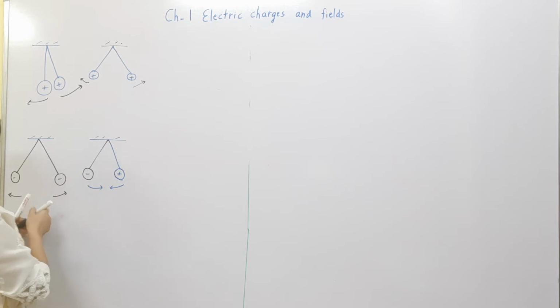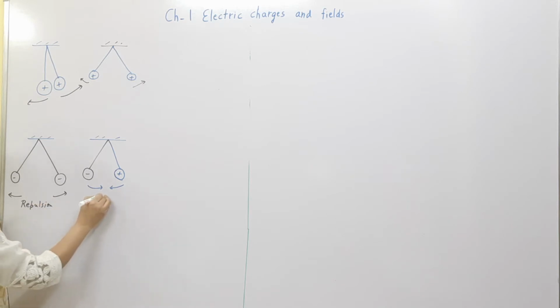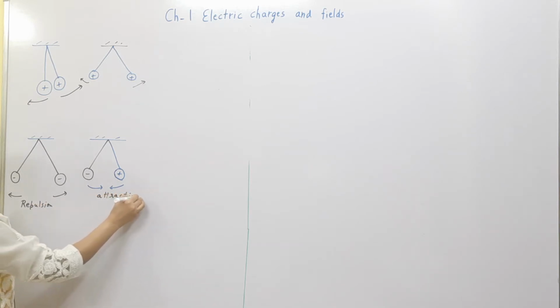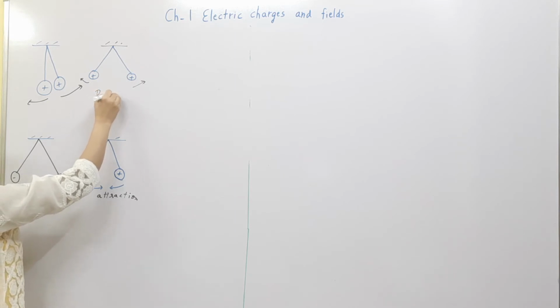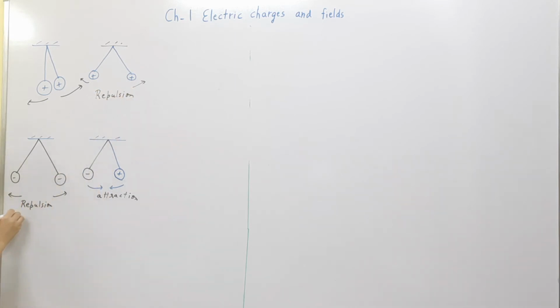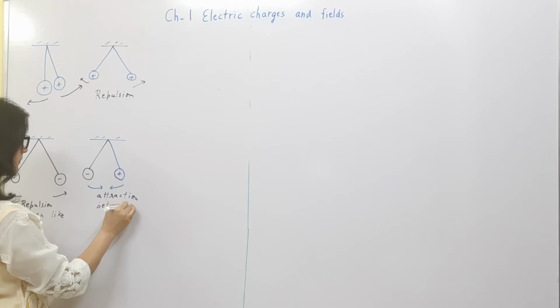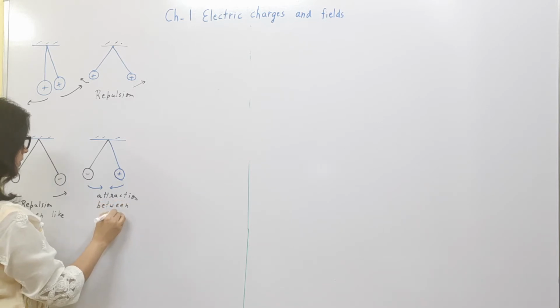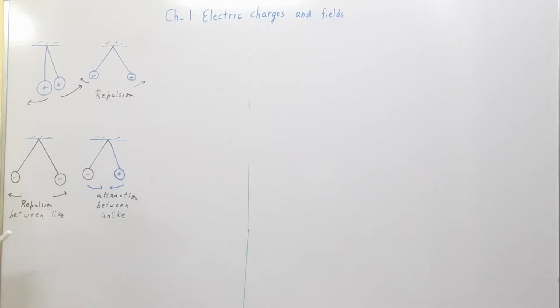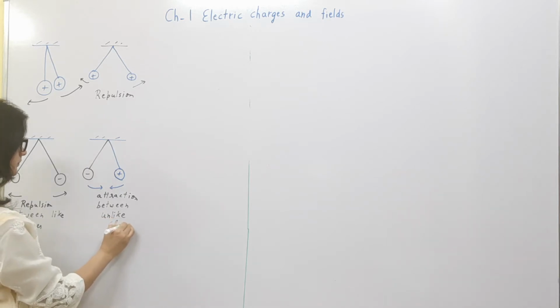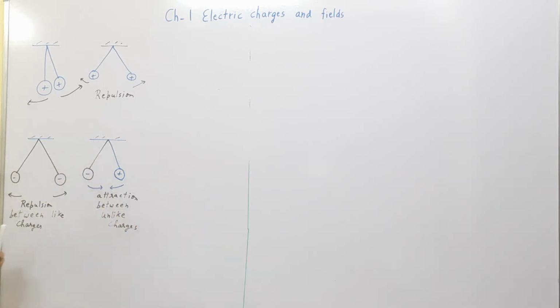So this again shows the repulsion between like charges and attraction between unlike charges, right? So this completes our experiment 2.